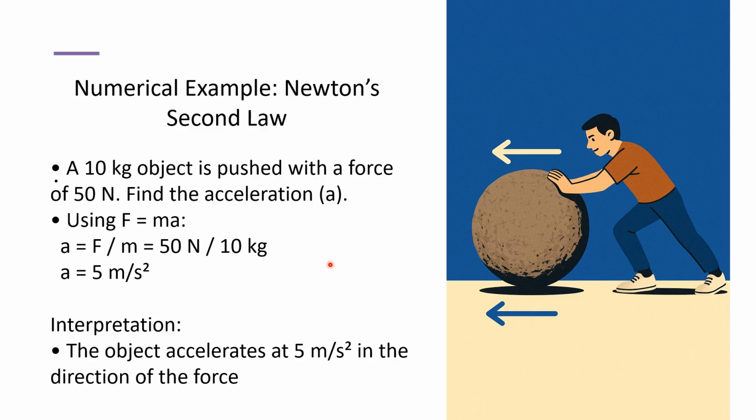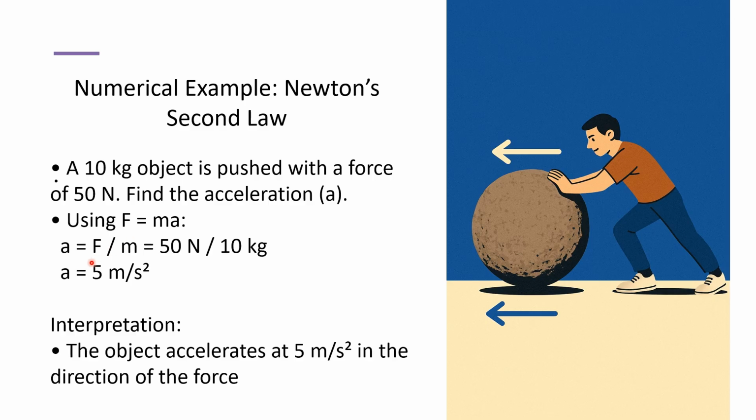A simple example of Newton's law, this is kind of a one-dimensional example. We've got a 10 kilogram object just pushed with a force of 50 newtons. Find the acceleration. So here's our object, and we've got this man exerting a force pushing on it. So in this case, force is equal to mass times acceleration.